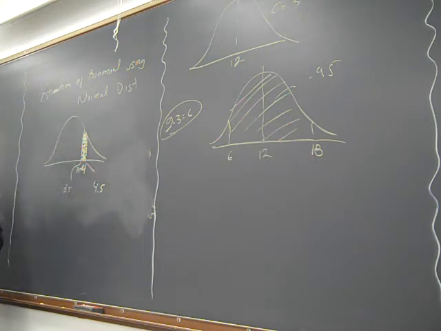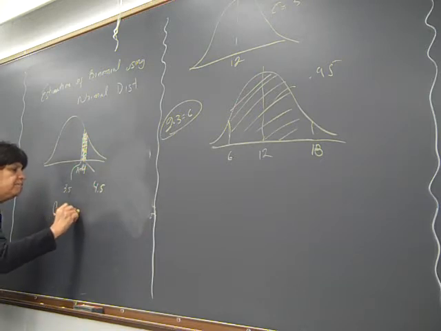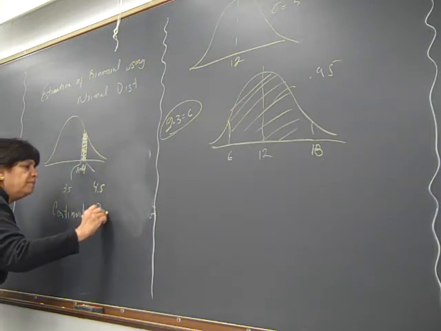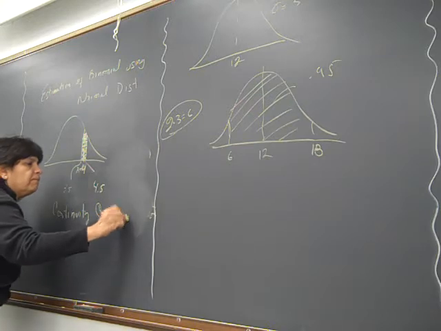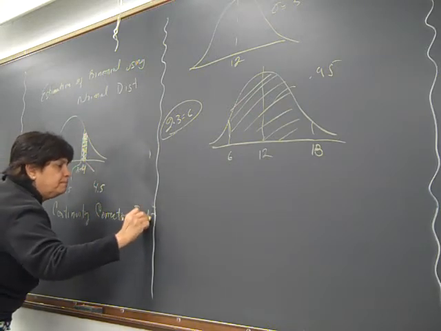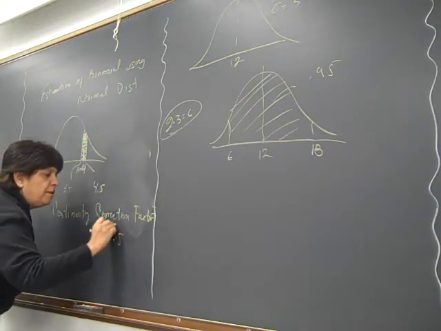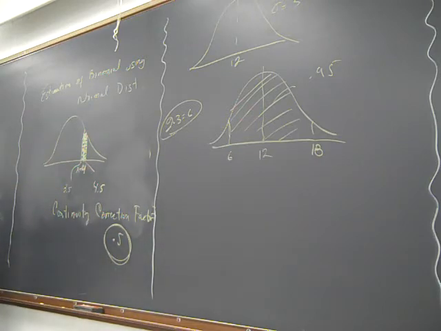So the 0.5 that is going up and down is what is called the continuity correction factor. That is 0.5. Always 0.5.